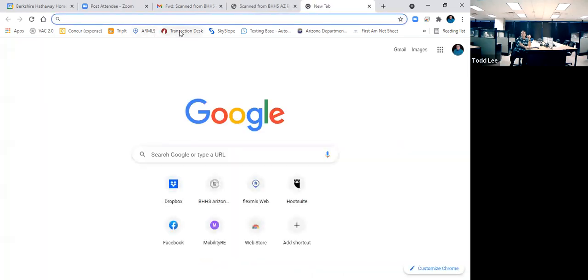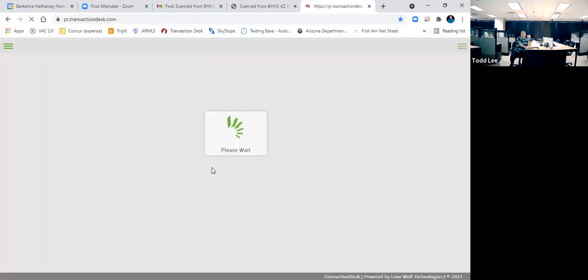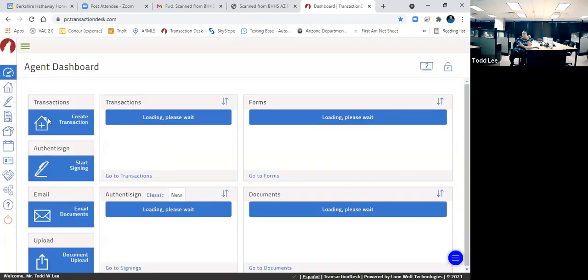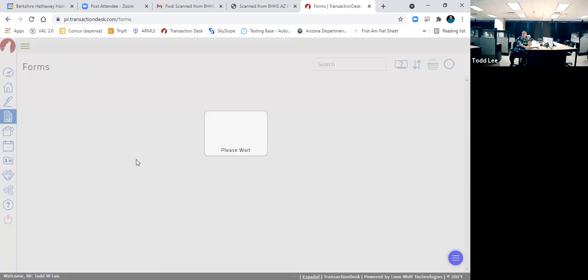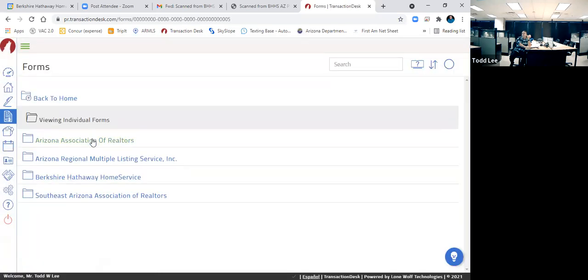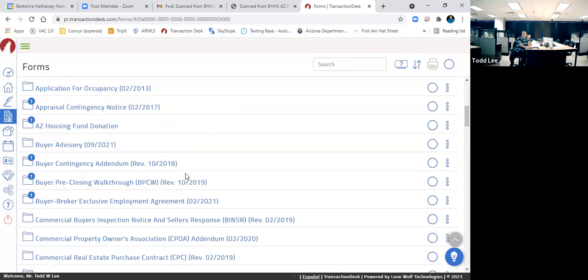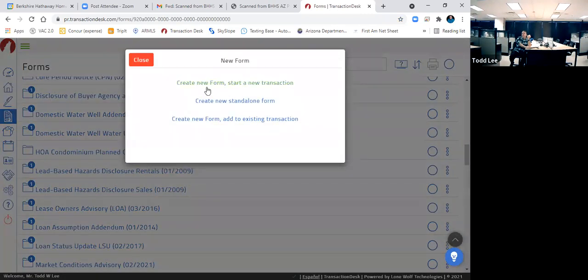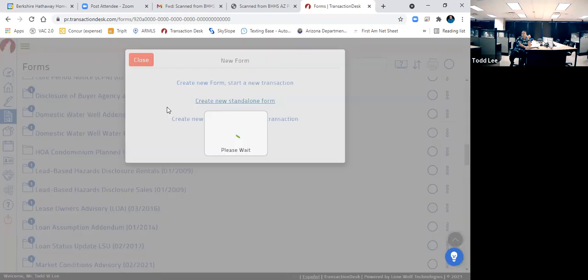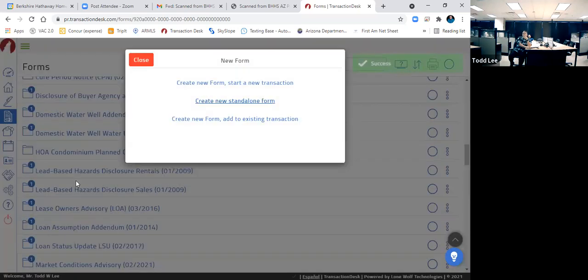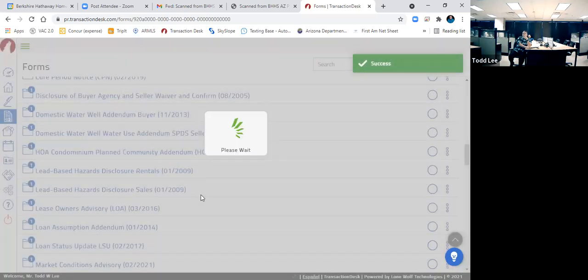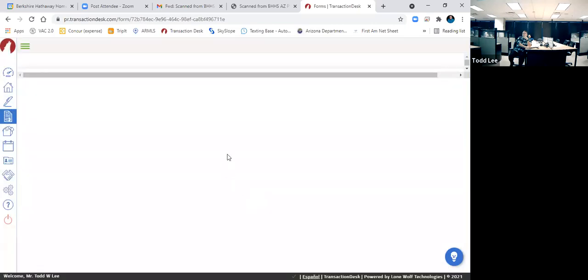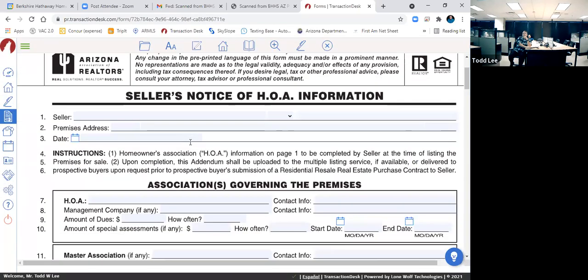I'm going to go ahead and pull up the HOA addendum real quick. The CD HOA community addendum. Let's do standalone form. All right.